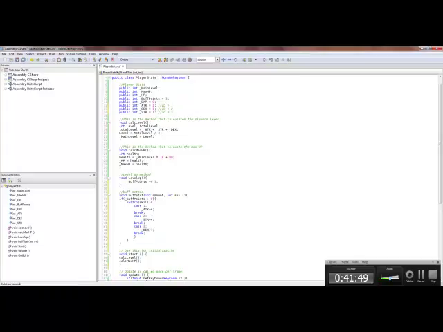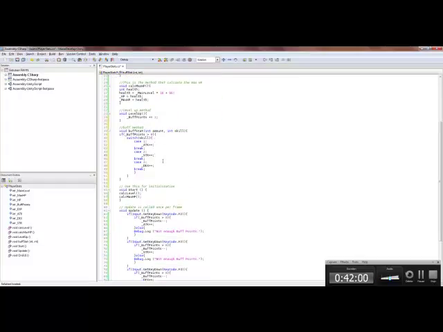Okay, so we now have these skills assigned to these in theory. So whenever we actually write out this buff, we're going to have to have 2 integers. It's going to look like this.